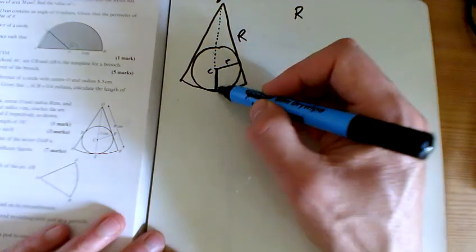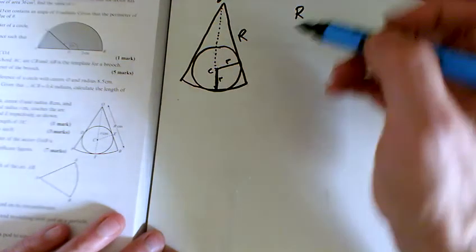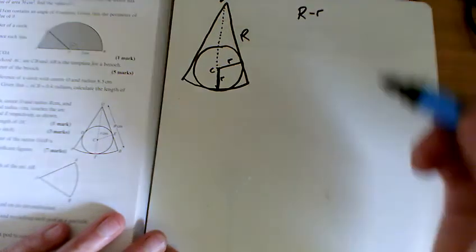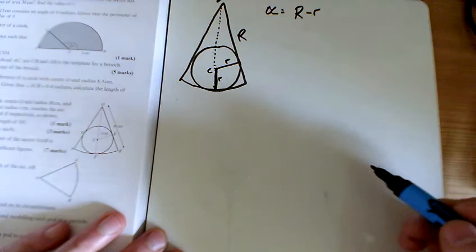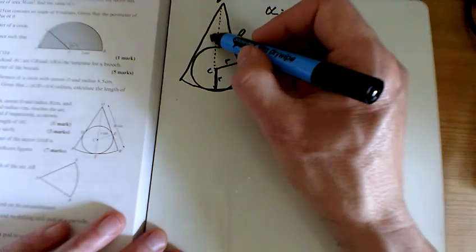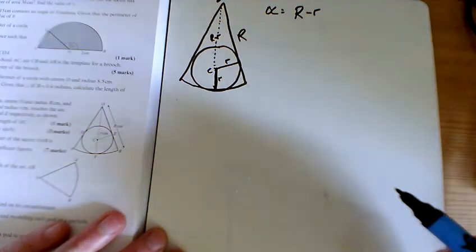And the distance there to there would be the radius of the small circle. So that bit from O to C is capital R take away little r. That's this bit here.